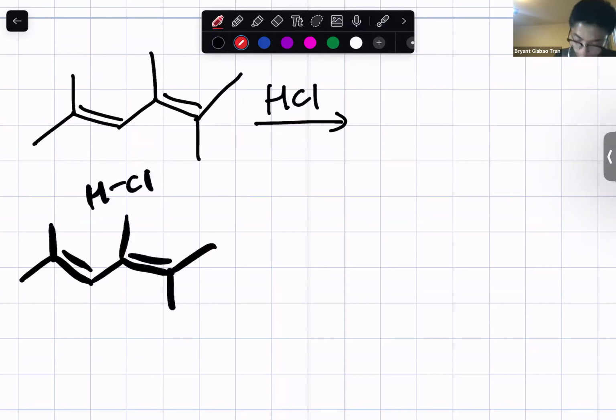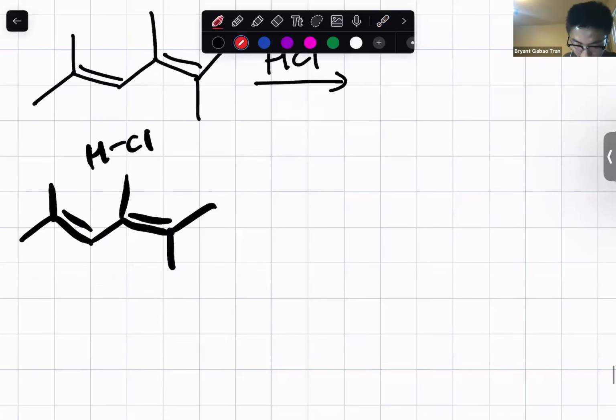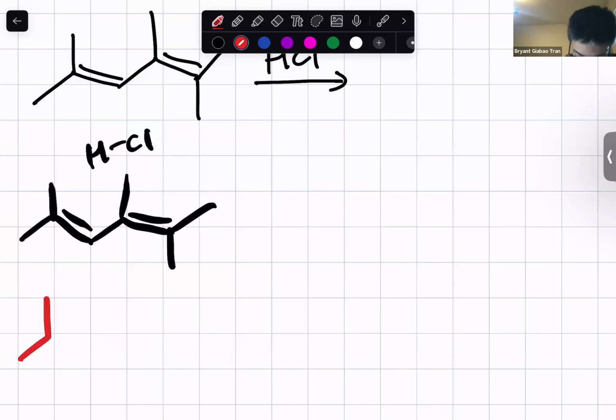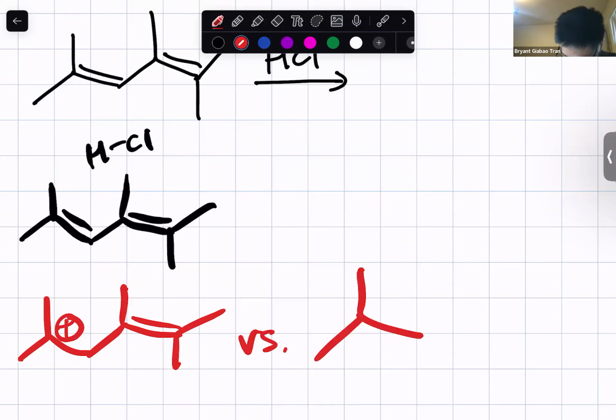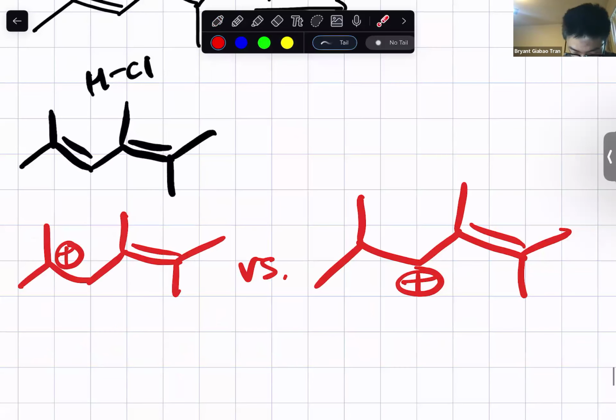HCl. We want to form the, okay, this is a tricky one right here. We want to form the more stable carbocation, right? Which is the more substituted double bond side. A lot of people would say this carbocation here is more stable than this one right here. But that's not the case because I'll show you. So let's say we have a carbocation here versus this carbocation right here. This seems like the more stable carbocation because it's more substituted, but this is the more stable one because it could do resonance.